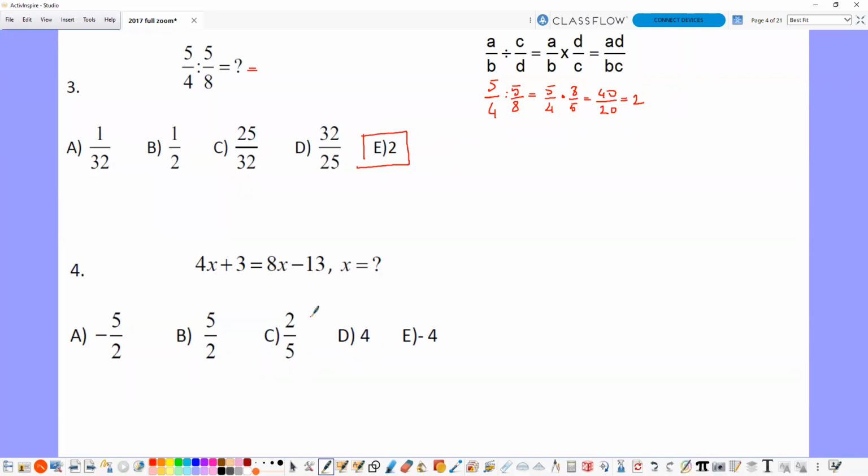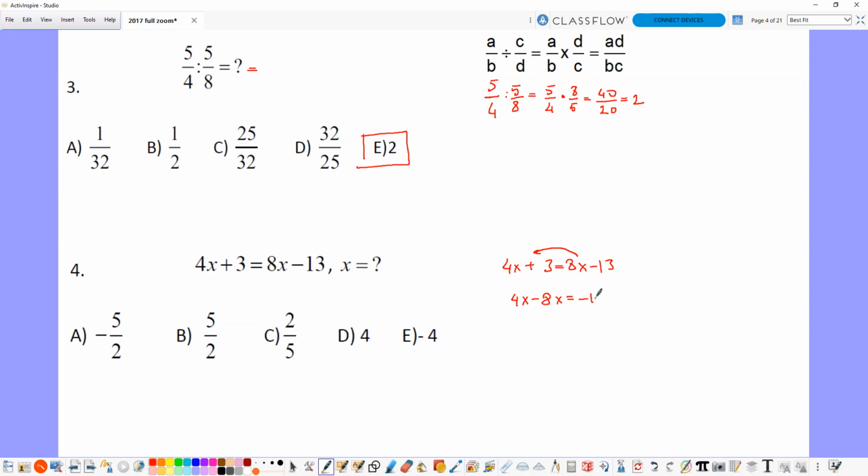Here this is equation question, and I told you we are going to collect the like terms together, known and unknown terms together, like 4x plus 3 is equal to 8x minus 13. Then you are going to send the 8x to the other side, which becomes 4x minus 8x.